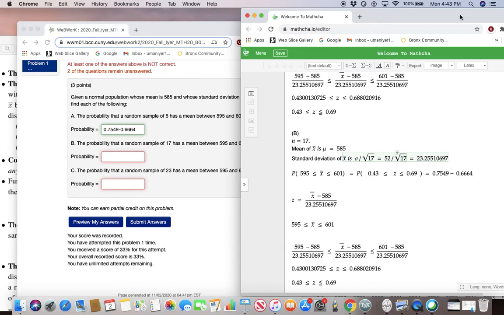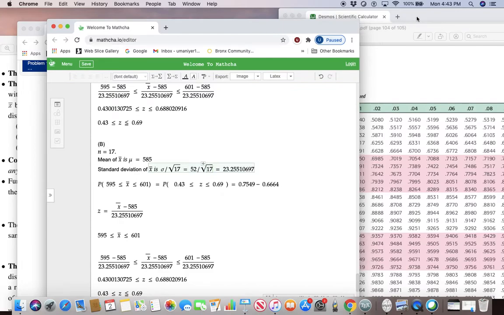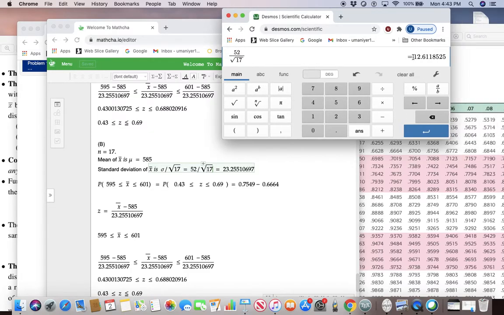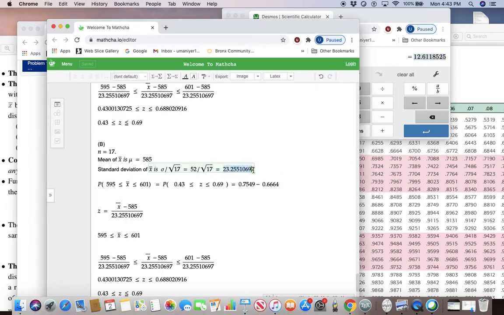Okay, they are telling us 17, so I need to calculate that. 52 over square root 17 gets me a standard deviation of about 12 points. Previously I had 23, now I have an even smaller standard deviation. Of course it makes sense, because the denominator has become bigger, so the fraction value has become smaller.